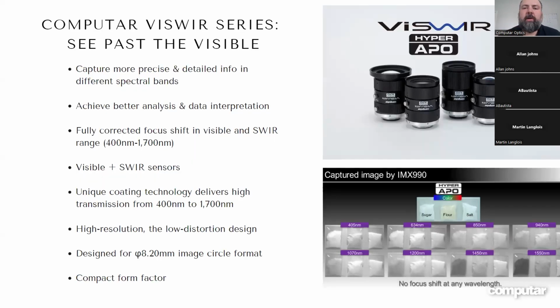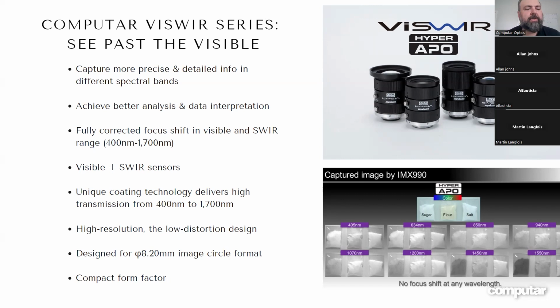Here at Computar, we have a wide range of SWIR products. We have our VizSWIR Hyper APO series, and then we have our SWIR Light series as well. These fully corrected focus shift, so there's no focus shift with our Hyper APO series going from visible to SWIR sensors. So if you're using that IMX 992 or 993, this is the lens especially for you.